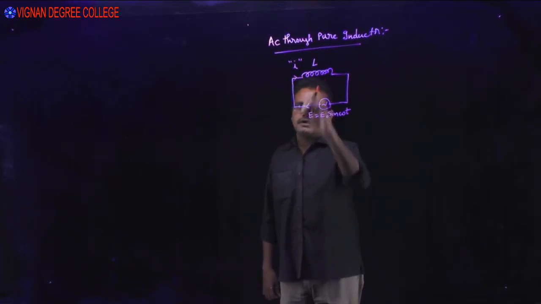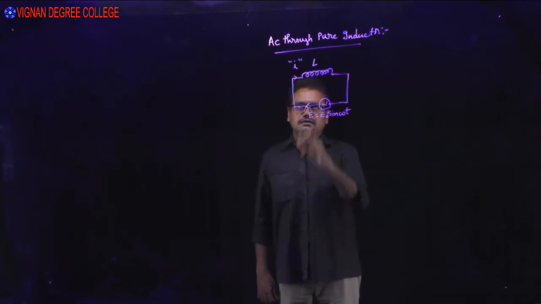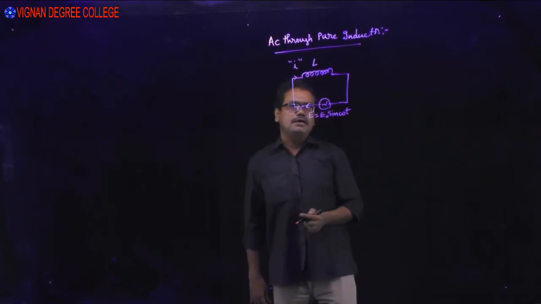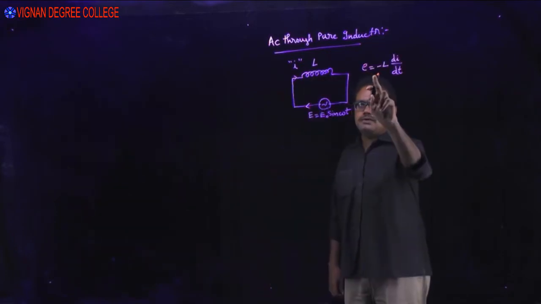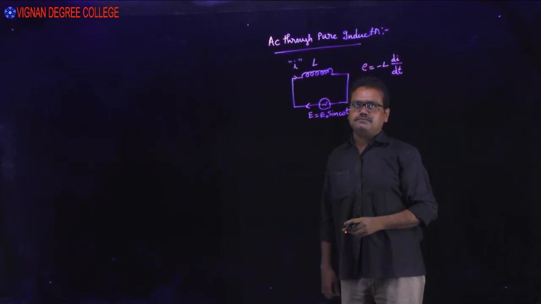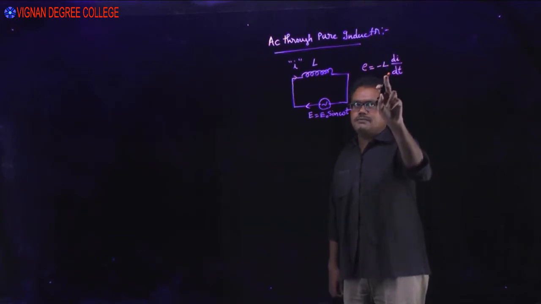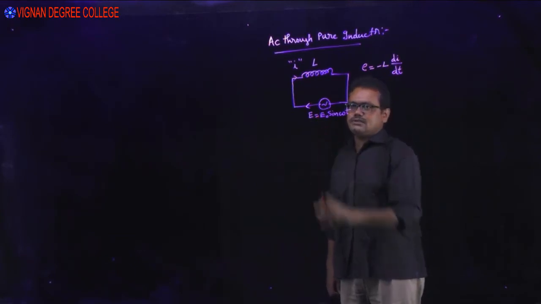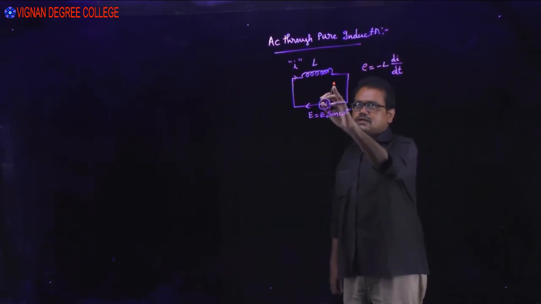From Faraday's second law, the induced EMF is given by EMF is equal to minus L di by dt. This induced EMF opposes the original EMF that is applied in the circuit.